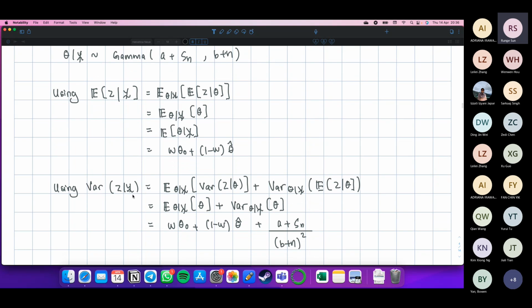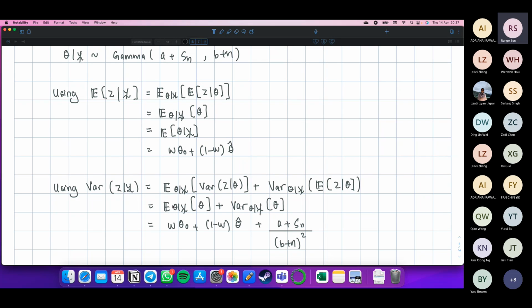The variance of the future observation can be found using this formula. Looking at the first part of the sum, the variance of Z is also theta, the variance of a Poisson is theta. And looking at the second part of the sum, the expectation of Z is also theta, as we did earlier.